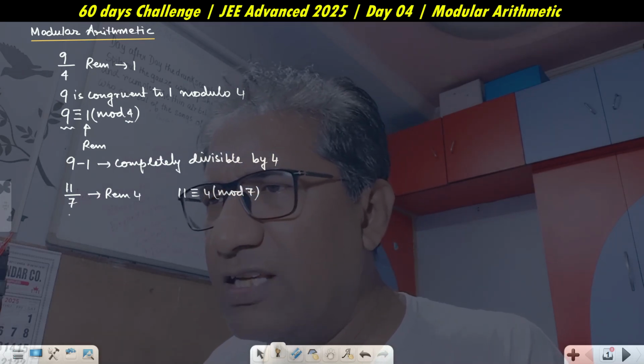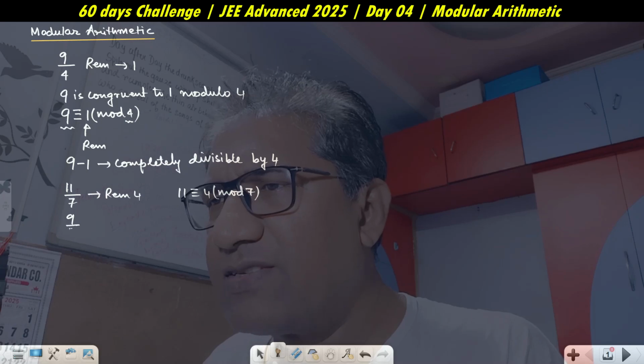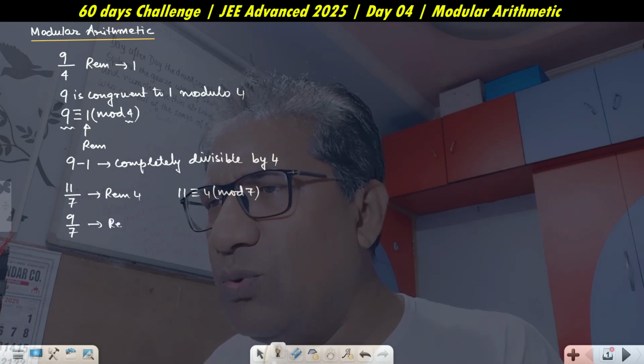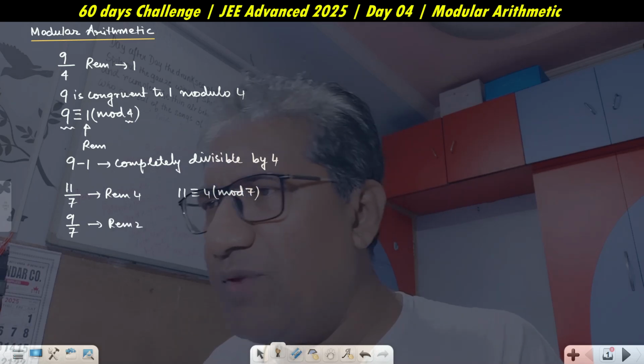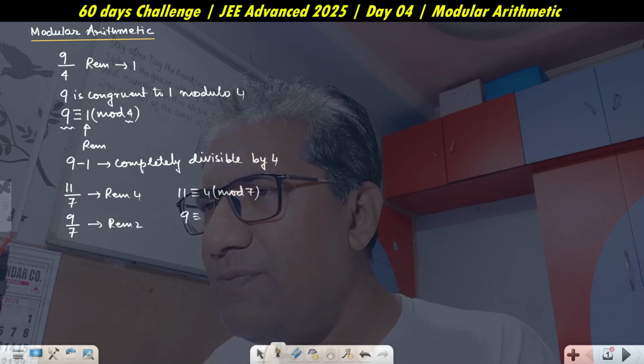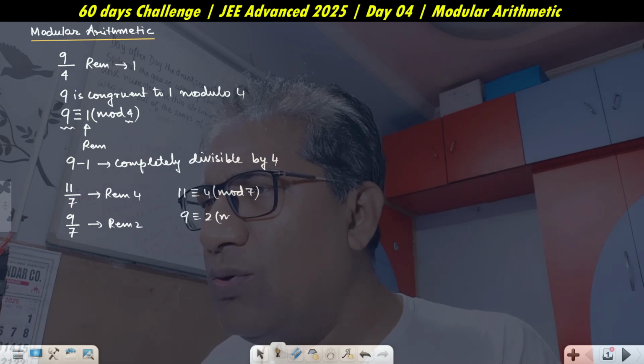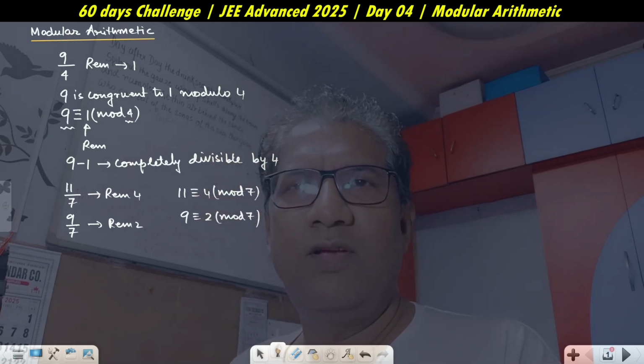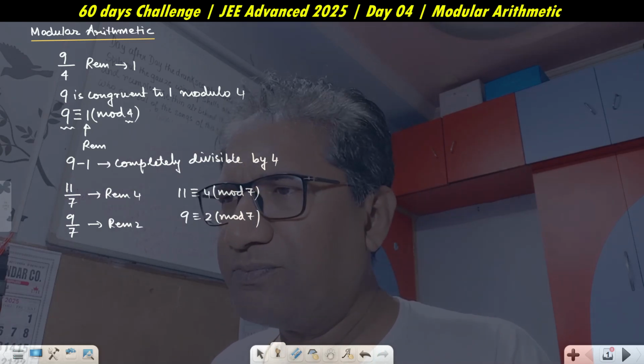Similarly, when 9 is divided by 7, the remainder is 2. So we can write 9 is congruent to 2 modulo 7. Okay, have you understood this now?